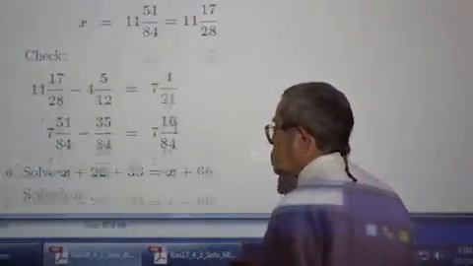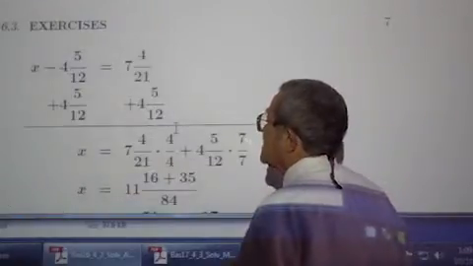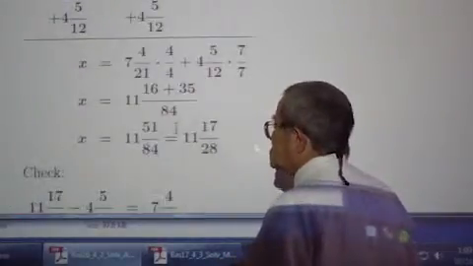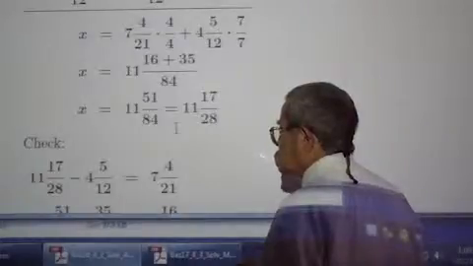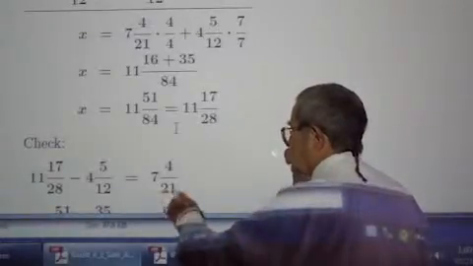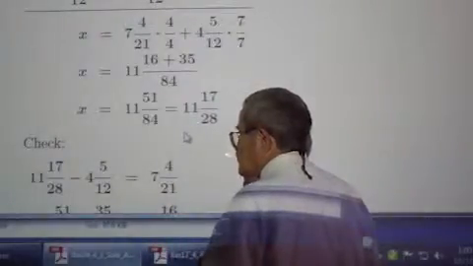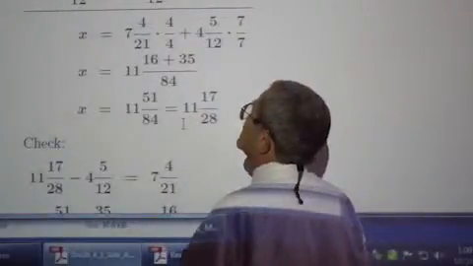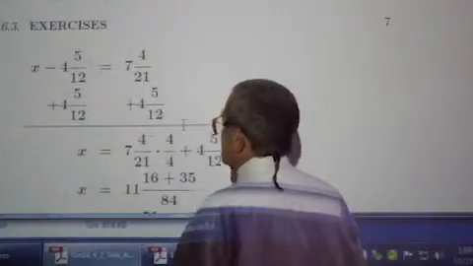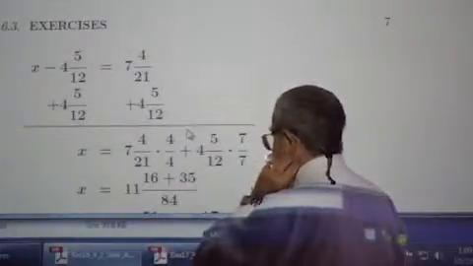Another way you could have done that: you know that the least common denominator is 84. So why don't you multiply? I think this was the example.